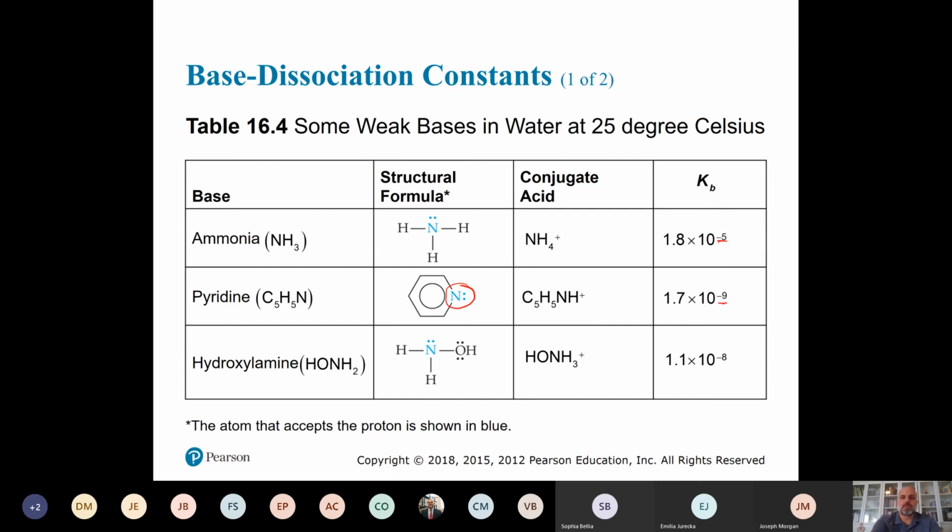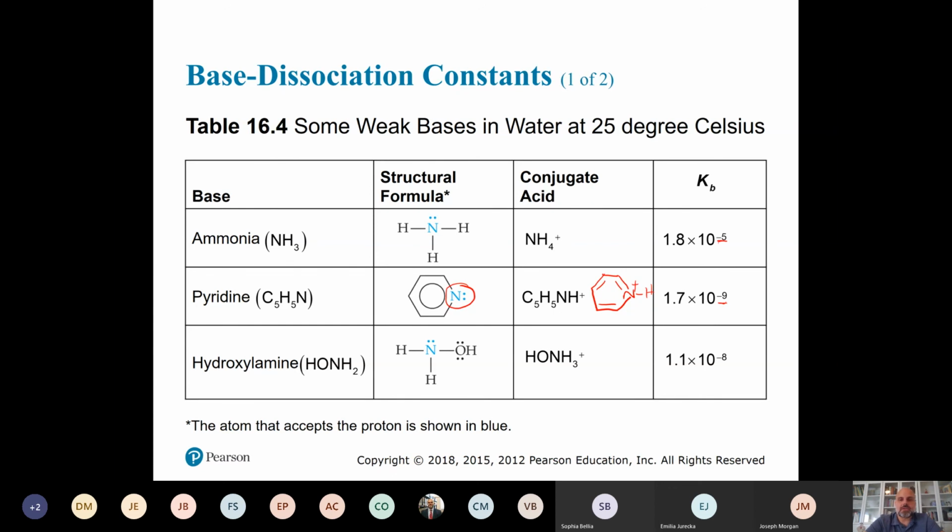And let me just draw the structure of the conjugate acid of pyridine. Okay, so that's the conjugate acid of pyridine right here. You can see you basically have protonated the nitrogen in the reaction.